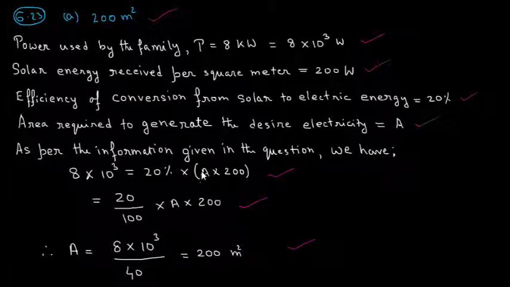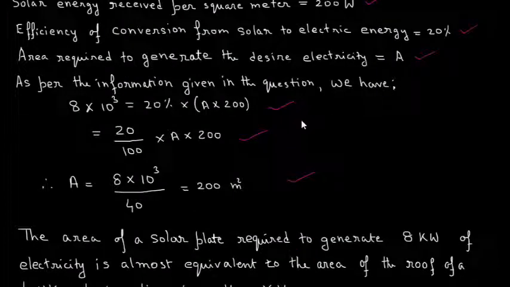As per the information given in the question, we have 8 multiplied by 10 to the power 3 is equal to 20% of A multiplied by 200, that is 20 upon 100 multiplied by A multiplied by 200.